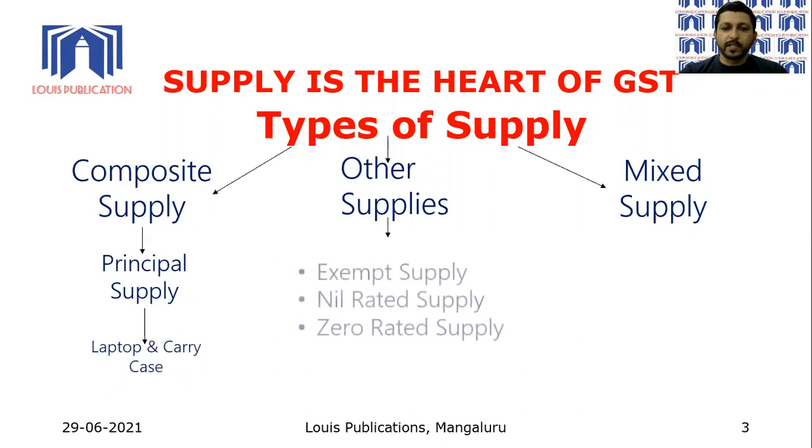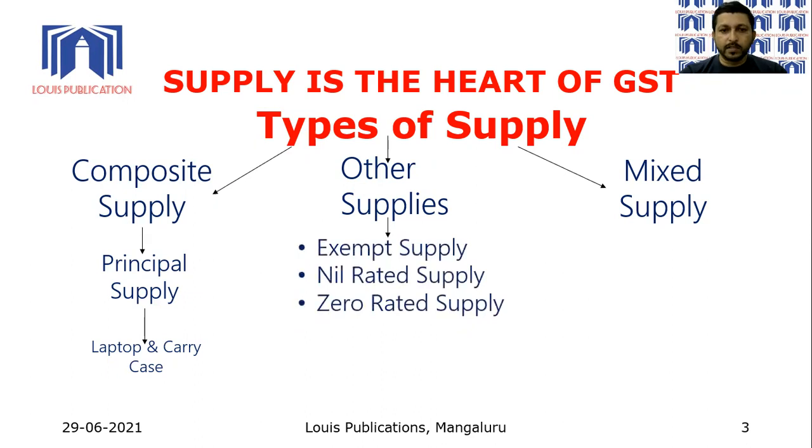As far as other supplies are concerned, we have exempt supplies, nil rated supplies, and zero rated supplies. Exempt supplies are those which are not under the purview of GST. Nil rated, more or less all your agriculture items, vegetables, all the basic necessities in life, rice and all other items come under the category of nil rated. Then we have zero rated.